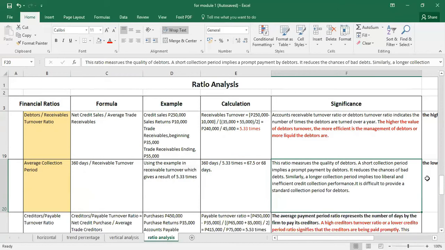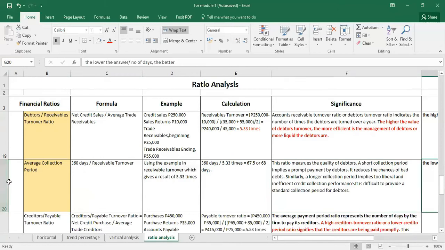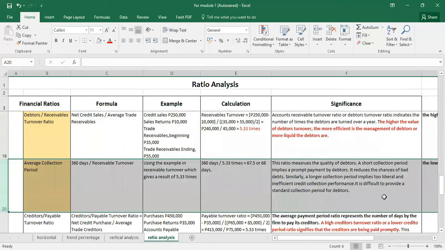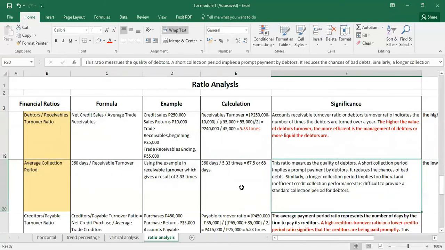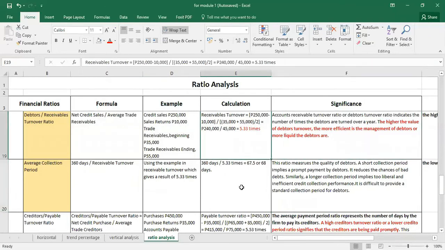So, the lower the average collection period, the better. So, kung ang average collection mo is 20 days lang, ibig sabihin, mabilis na nakakapagbayad ang iyong mga debtor, yung mga nangungutang sa'yo.